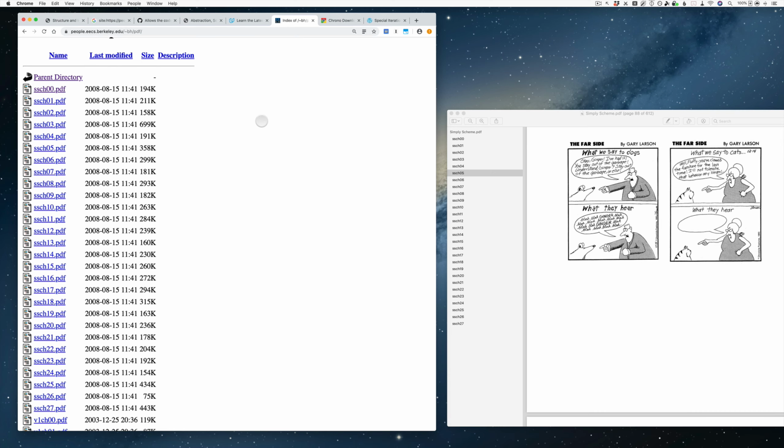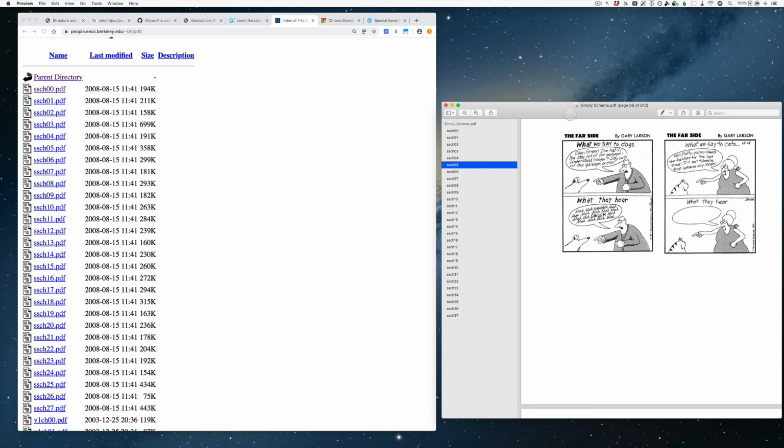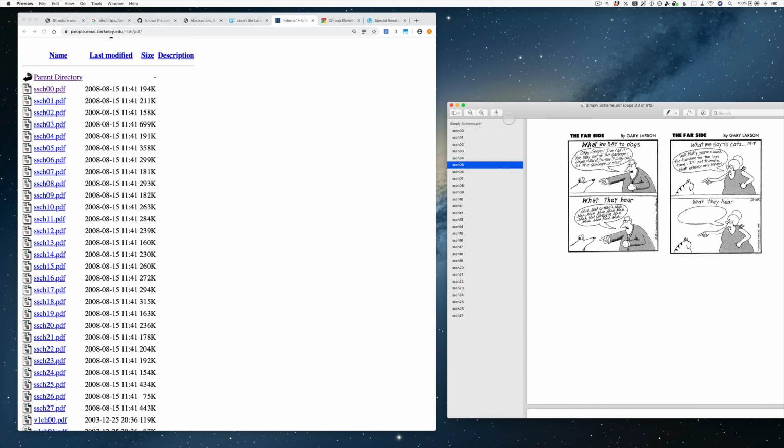I used a Chrome extension to filter for the Simply Scheme ones, downloaded them, and bundled them up in PDF Sam, which is a Mac app. It's useful to have it as a PDF as opposed to having to search on the site if I want to find something.